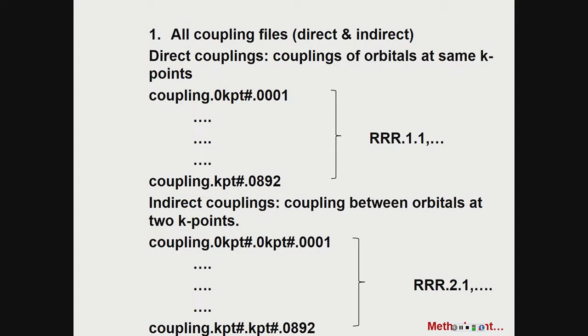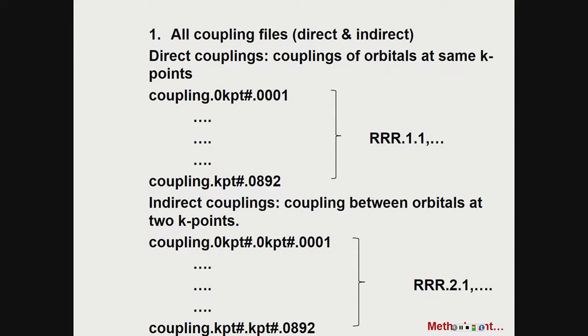If we run that code, then we will get this rate field tensor for the same K point from these direct coupling files. And from these indirect coupling files, we can get rate field tensors from one K point to another one, like K point 2 to 1, K point 3 to 1, 3 to 2, 3 to 4, etc.